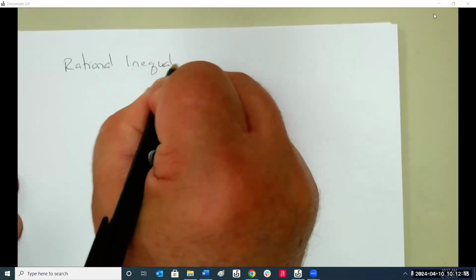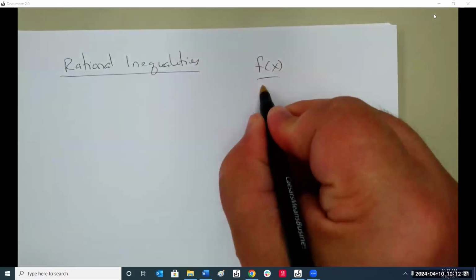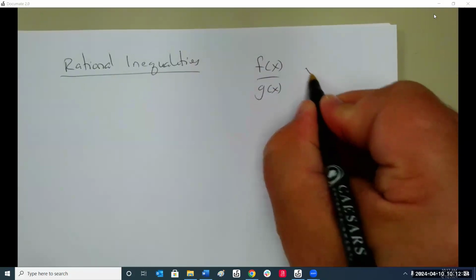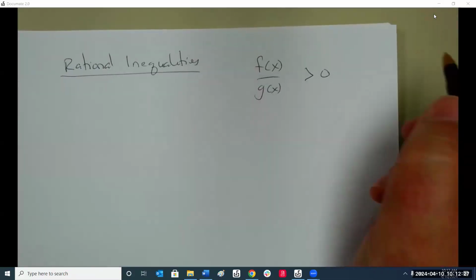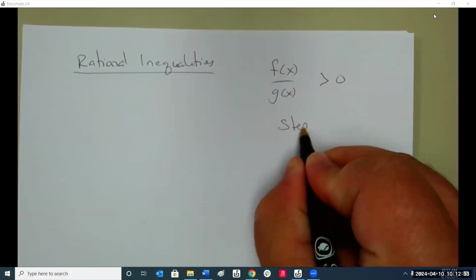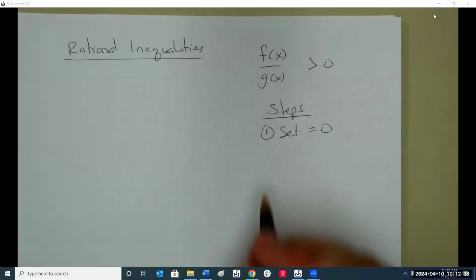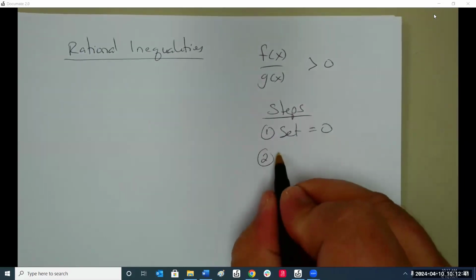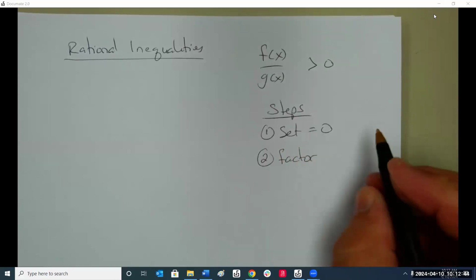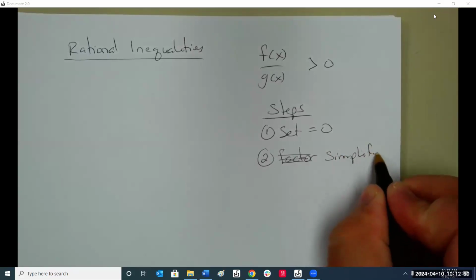Now let's look at rational inequalities. Rational inequalities, you have a fraction over a fraction. It's either above or below 0. You have to set it equal to 0, same as last time. Set equal to 0. Actually, if needed, simplify.